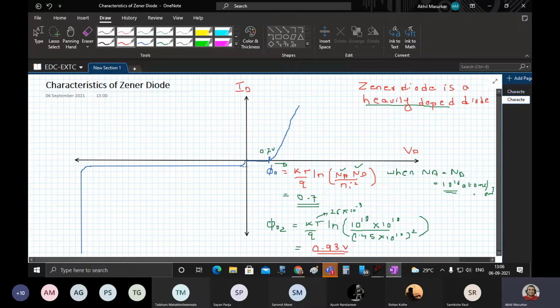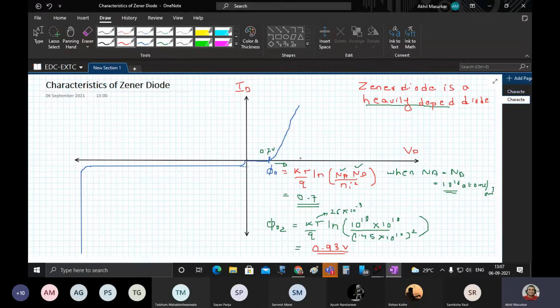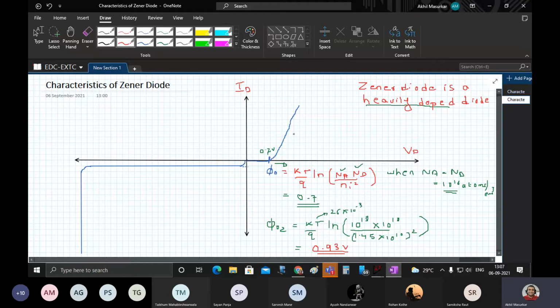So you can see that when you increase the doping 100 times, the change in voltage is just 0.23 volts. You may feel that by increasing the doping you will see a significant change in the value of contact potential, but that will not happen.